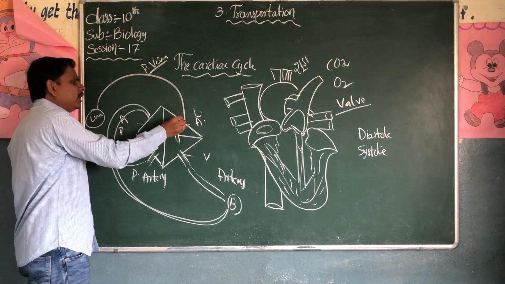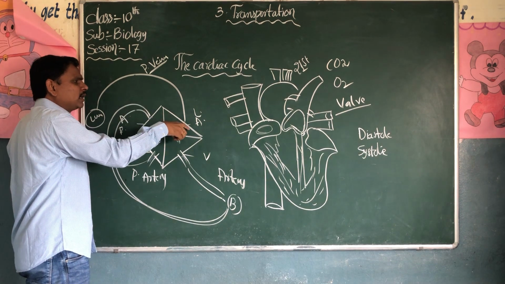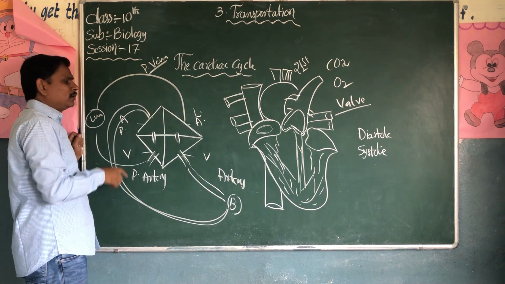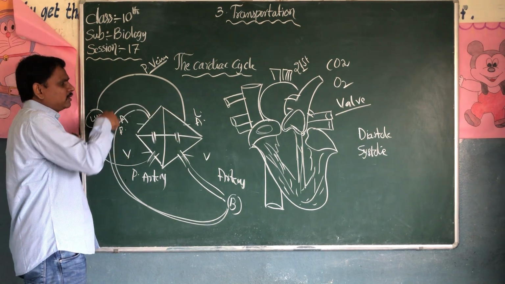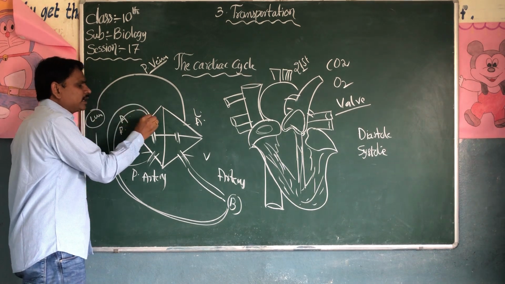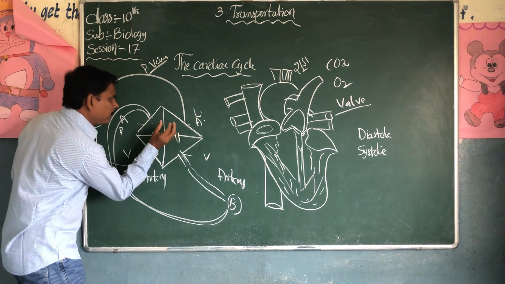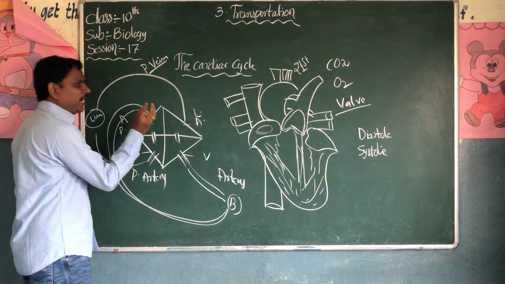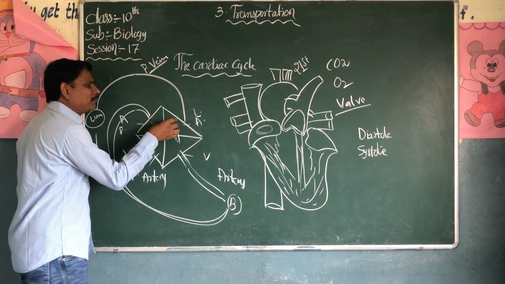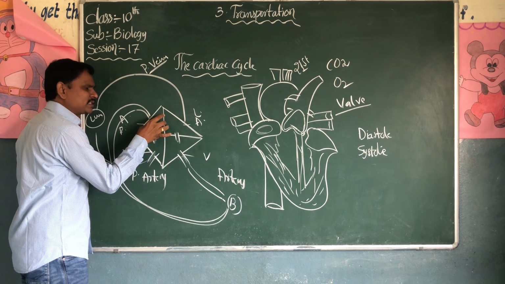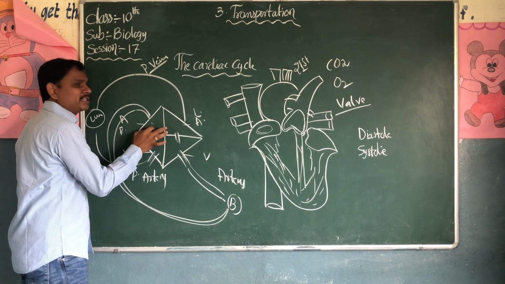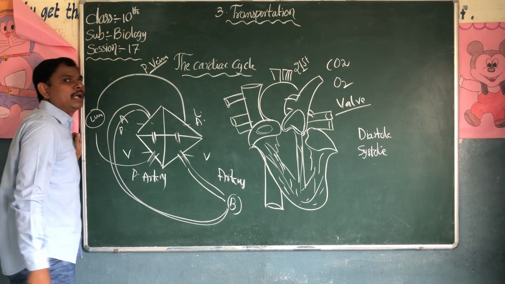One is the pulmonary veins, carrying the blood into the left atria. The vena cava carries the blood into the right atria. So these two upper chambers, the left atria and right atria, are filled with the blood.